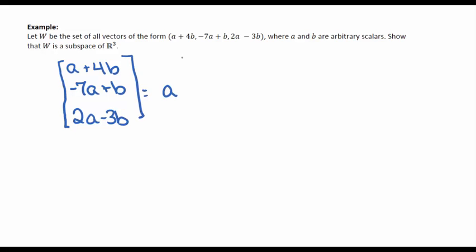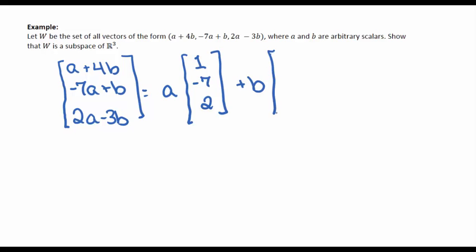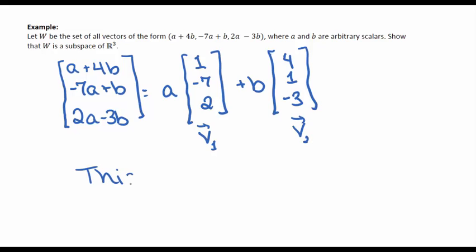Basically, I'll have an A vector, which is 1, negative 7, 2, plus a B vector, which is 4, 1, negative 3. Since A and B can be any numbers, and if I call these vectors v1 and v2, this is the span of v1 and v2, which we've just shown that the spans form a subspace. So this will form a subspace.